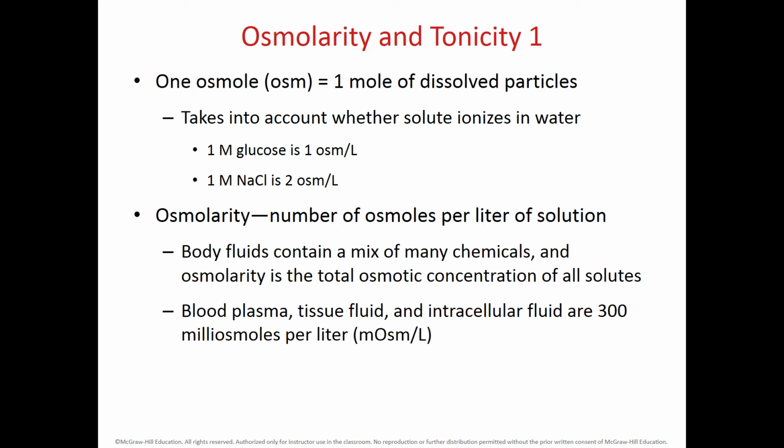And what are the three substances that contribute to the osmolarity? They are glucose, sodium, and chloride. These three contribute the most. Other solutes can also contribute, but these are the ones that contribute the most. And it's basically how much concentration of these you have in your blood.